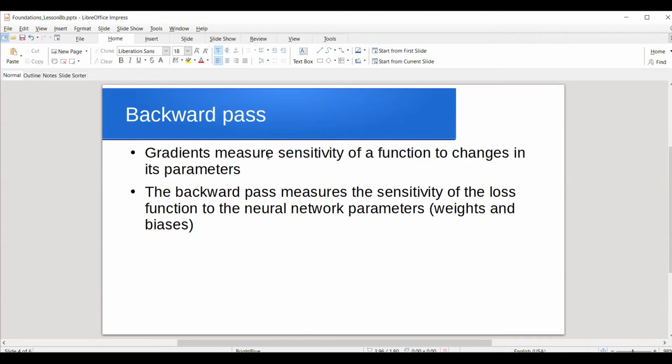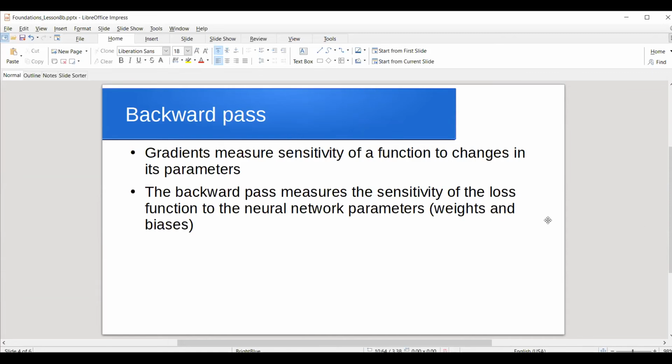Eventually we want to update those weights in a loop, until we make the loss function as small as we can. That's what the backward pass is doing.